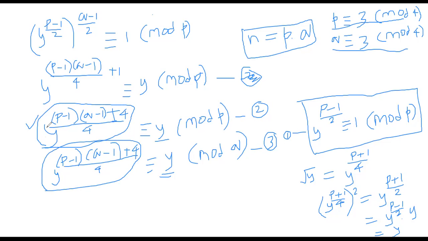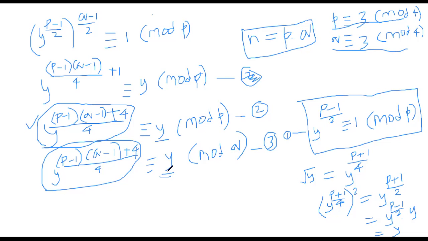We do mod p, we get y. We do mod q, we get y. So what we found out is that y power ((p-1)(q-1) plus 4)/4 is congruent to y mod p as well as y mod q. Therefore, it's congruent to the same in mod n, because of the Chinese remainder theorem.